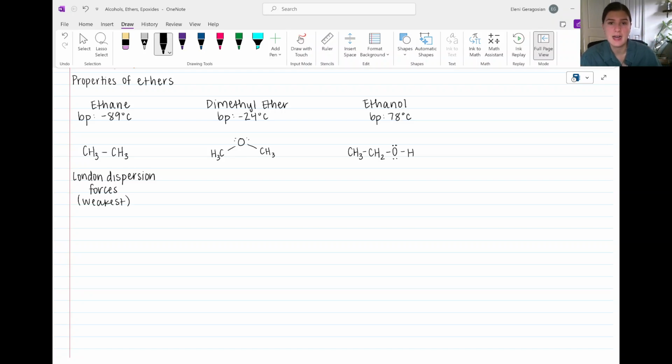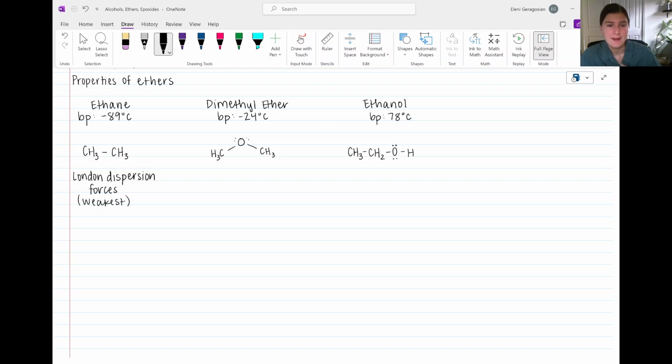Remember, if you have a strong intermolecular force, the molecules in the liquid phase are strongly attracted to each other through that force between molecules. And so more energy is required to separate those molecules and bring them into the gas phase. So with stronger intermolecular forces, we have a higher boiling point. And we see that trend with these molecules.